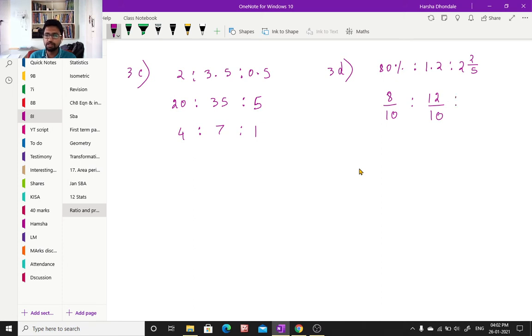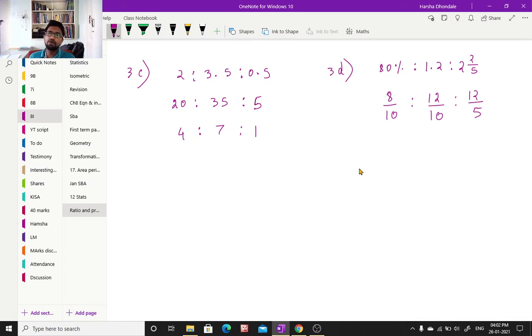Got it. Next, this mixed fraction I'll convert to a single, improper fraction. 2 5s are 10, 10 plus 2 is 12, 12 divided by 5. I got it like this. Now I'll find the LCM of these three denominators, 10, 10 and 5. The LCM of 10, 10 and 5 is 10.